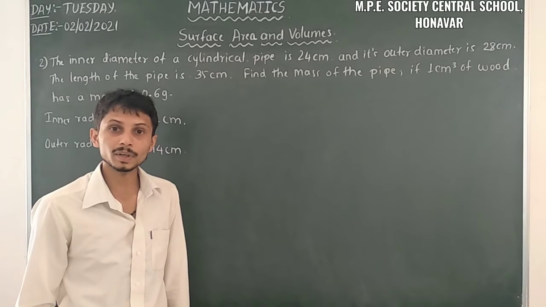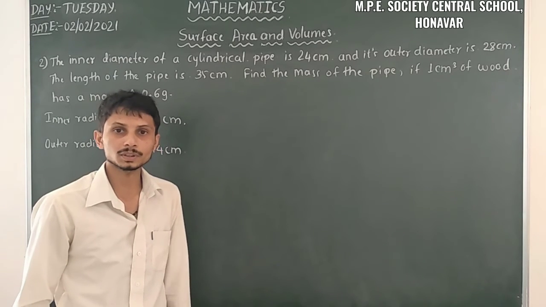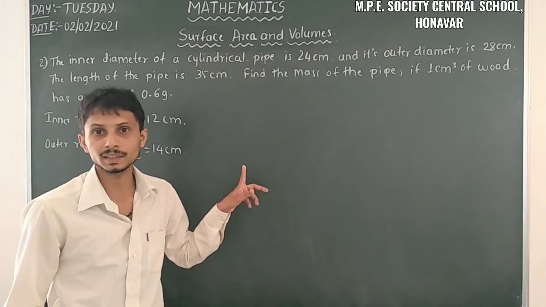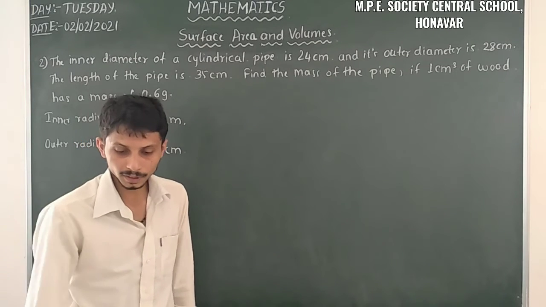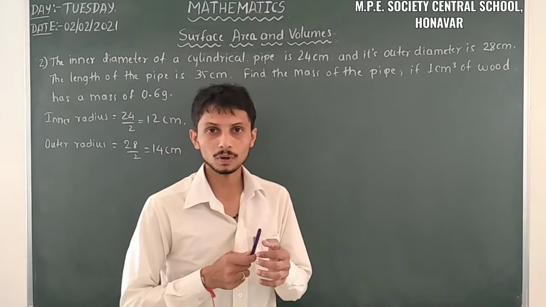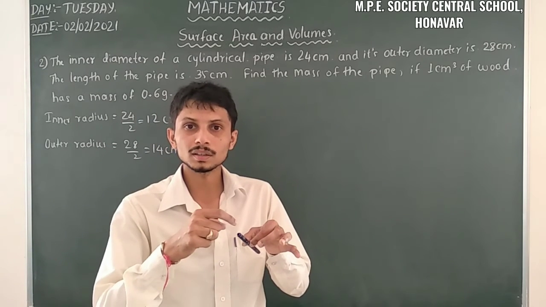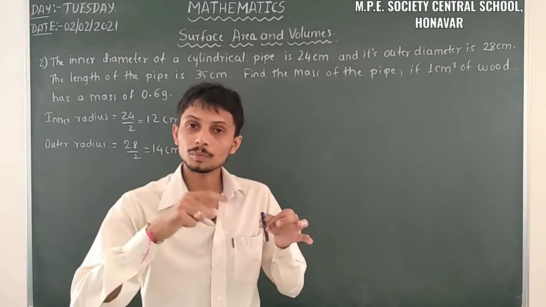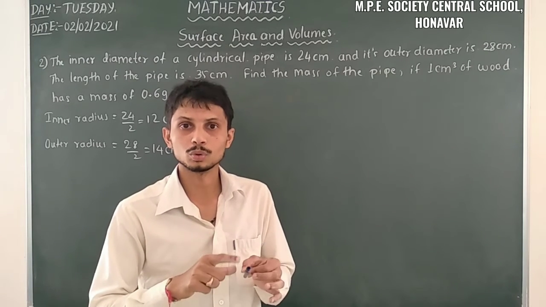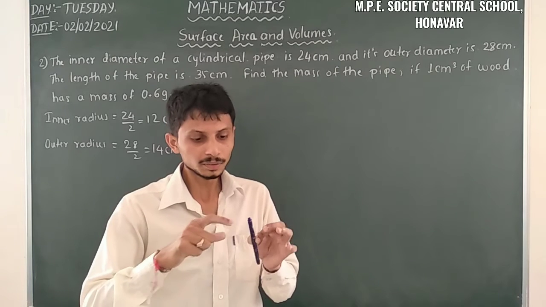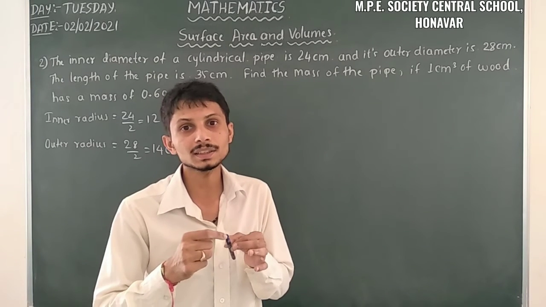How can we subtract? Here it is not possible to subtract the radius, because the radius differs, but here it is a case of volume. In case of volume, what we have to do is subtract the inner volume from the outer volume. If we subtract the radius, we get the thickness only.